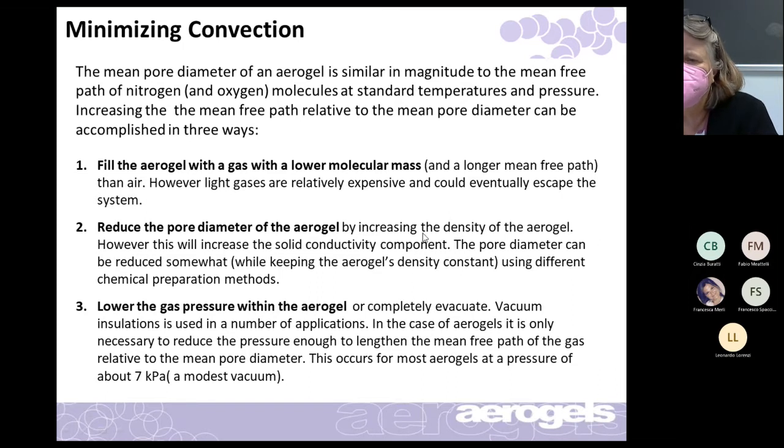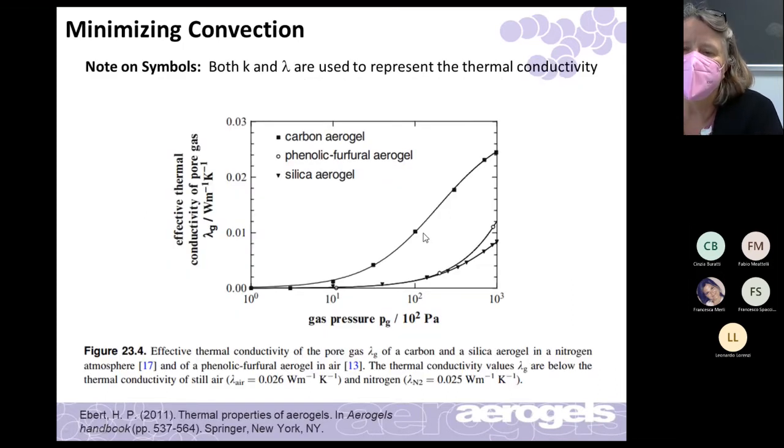This plots effective thermal conductivity versus gas pressure, similar to the other one, but here showing some different aerogels. I also want to say that I use the symbol K for the property thermal conductivity.